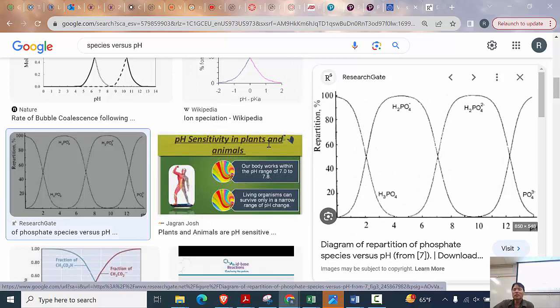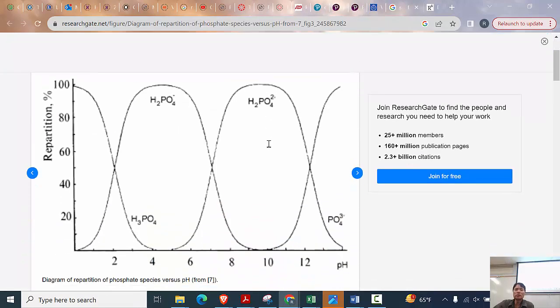For phosphoric acid, it's more complicated because we have 1, 2, 3 equivalence points. We never saw the third equivalence point, because the third equivalence point comes at pHs higher than 12. Do you see that? So the first equivalence point is here, second equivalence point is here, third equivalence point is here.